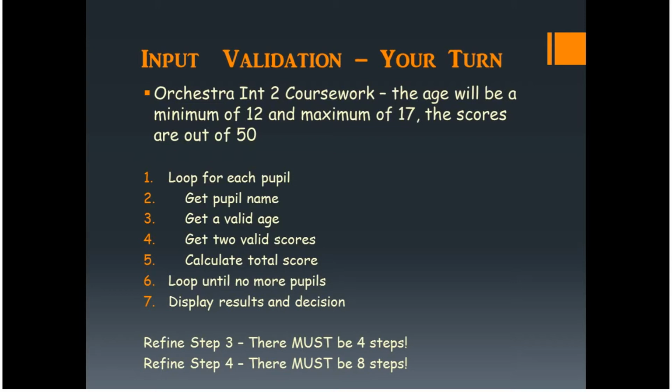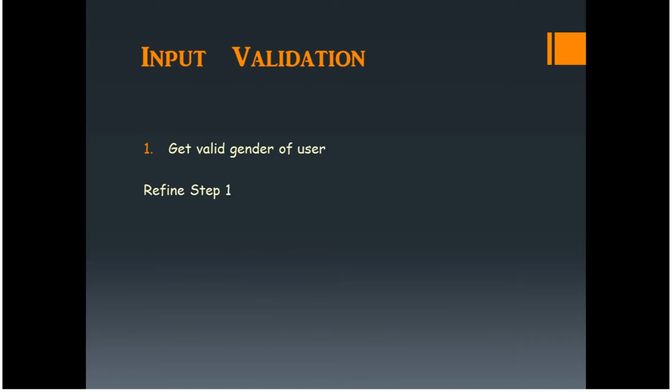Now notice these were all on numbers. When you do string, it's different. So here we go, an input validation on getting a valid gender of user. Now you know that gender is either M or F, male or female.